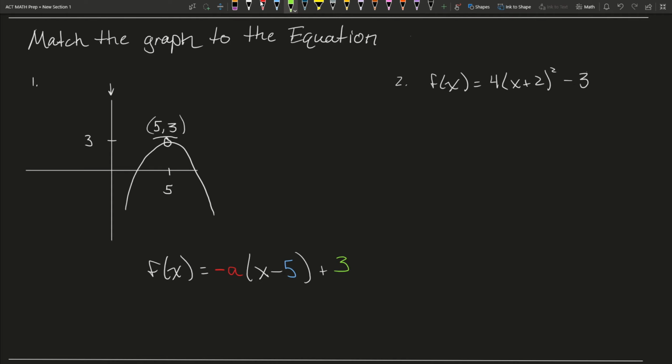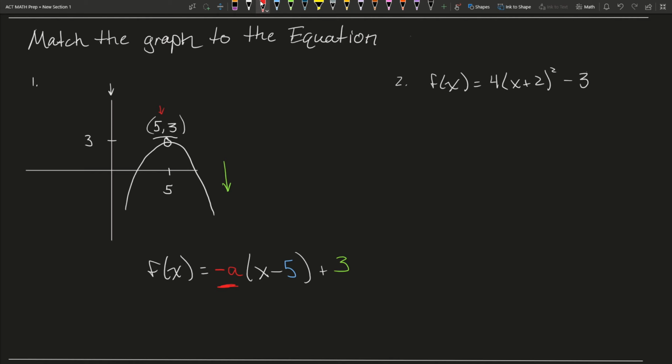And that's all there is. We need to know that because this parabola is opening downward, this a value will always be negative. And then because our vertex is at (5, 3), we know that there's going to be a negative 5 inside and a positive 3 outside.